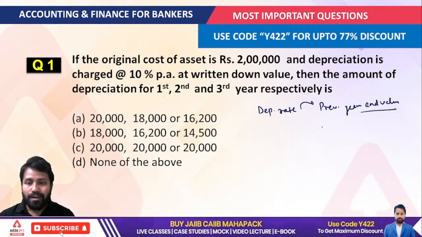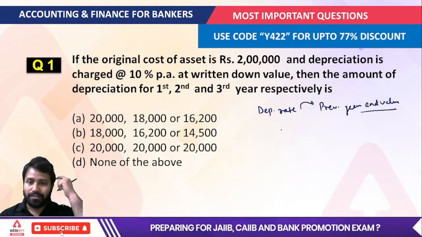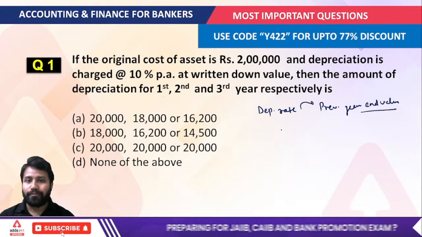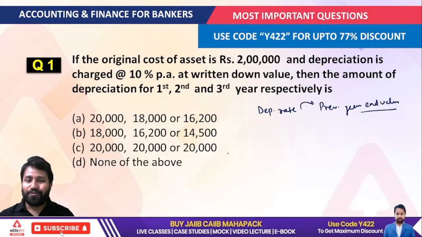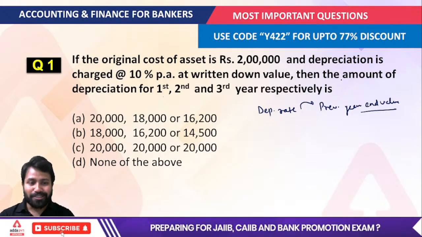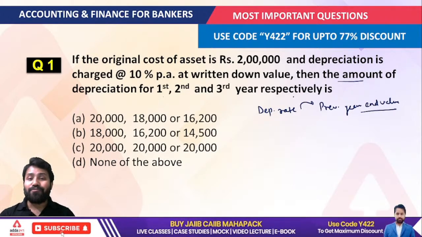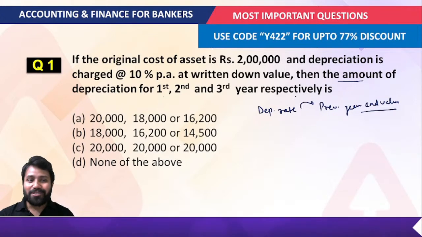Now understand, the original cost of the asset is 2 lakh and depreciation is charged at 10% per annum at the written down value method, so what is the amount of depreciation? That is the question. Whenever you find a question on depreciation, check whether it asks for the amount of depreciation or the value of the machine, because there is a twist.